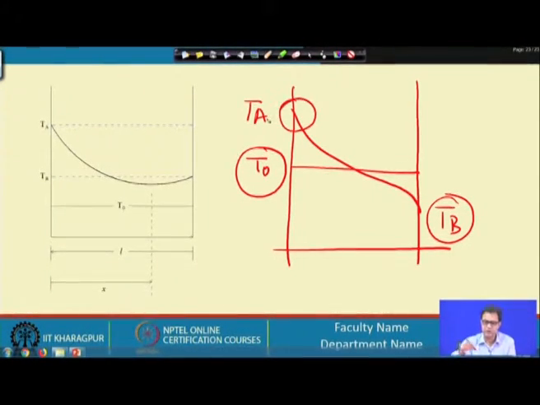So, in this configuration also we will find that there is no extremum located at this point.